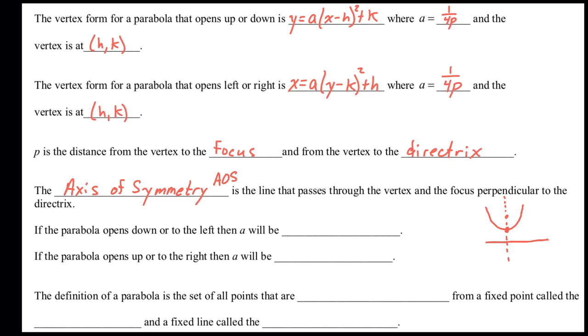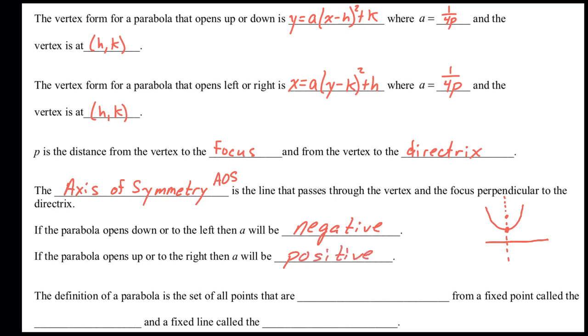If the parabola opens down or to the left, then your a value will be negative. If the parabola opens up or to the right, then your a value will be positive.